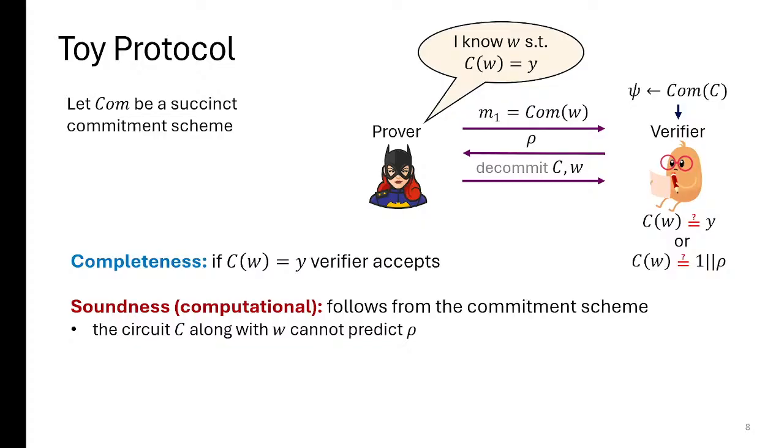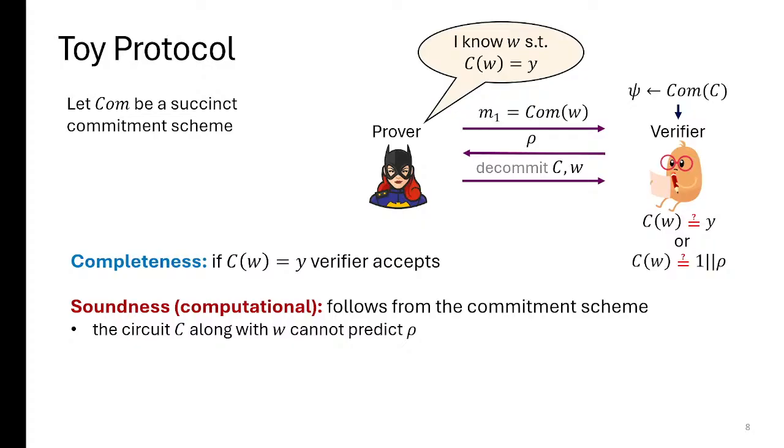What does it mean that we're in soundness? It means that there's no W such that C of W is equal to Y, or the prover does not know a W, so it couldn't commit to one. Therefore, this statement will be false. So the only way to attack it is this other statement, but rho was chosen after W and C were committed to, and the decommitment holds.